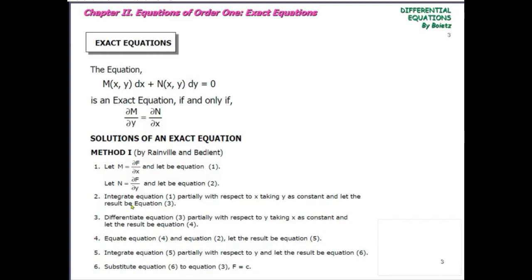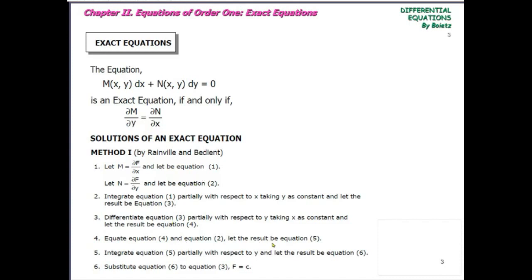Then differentiate equation number 3 here, partially again, with respect to y naman. Ito, you will integrate with respect to x. Then y is the constant. Ito naman, differentiate with respect to y, taking x as constant. And let the result be called equation number 4. Then equate equation 4 and equation 2, mag-i-equal silang dalawa.